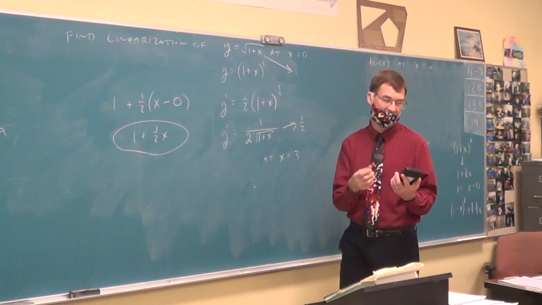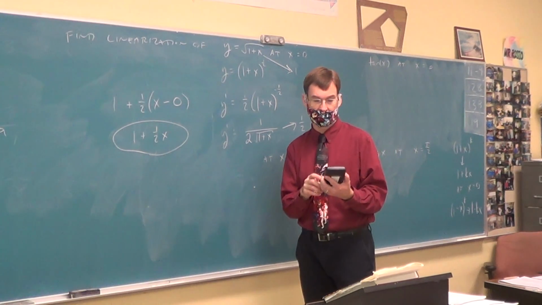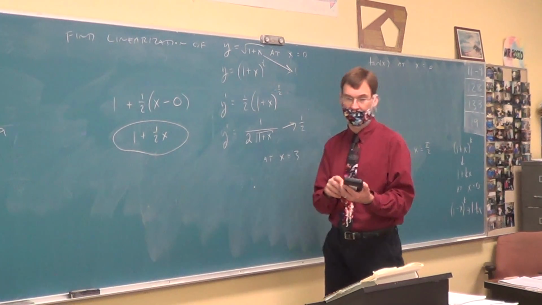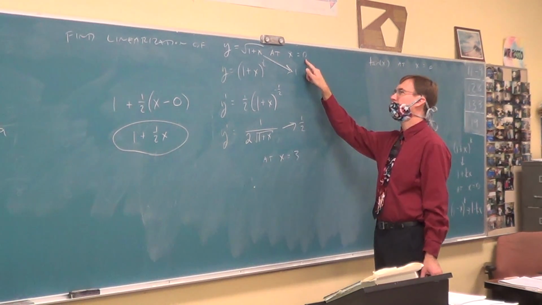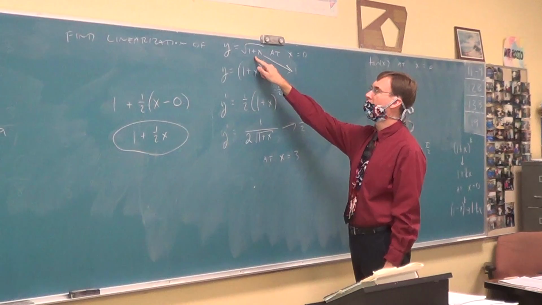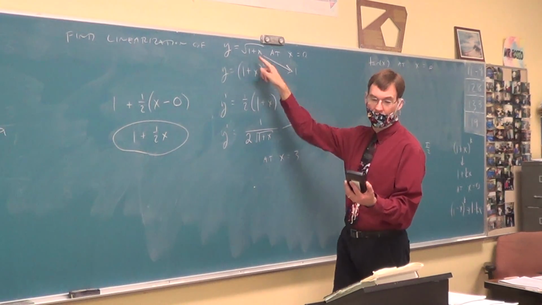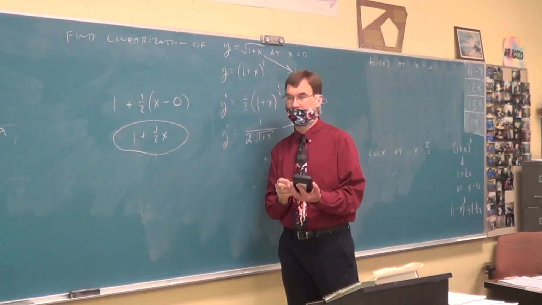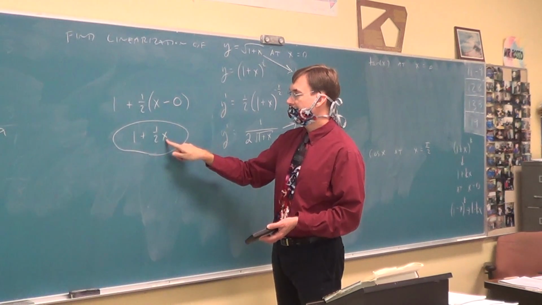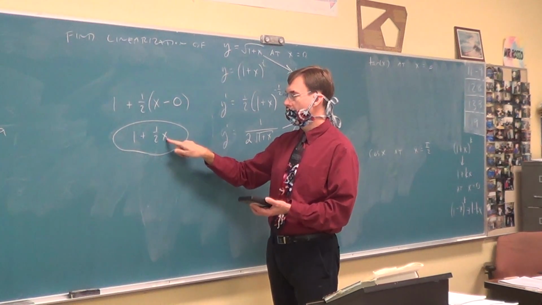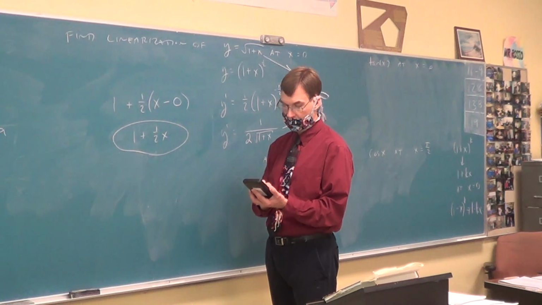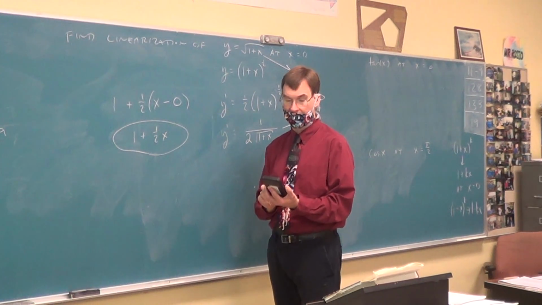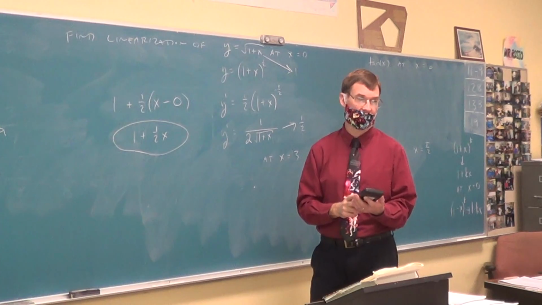If your calculator's handy, just punch with me and you'll see the results. So if x was 0.01, the root of 1.01, I'm getting 1.00498. If I instead put the 0.01 there, 1 plus a half times 0.01, it says 1.005.